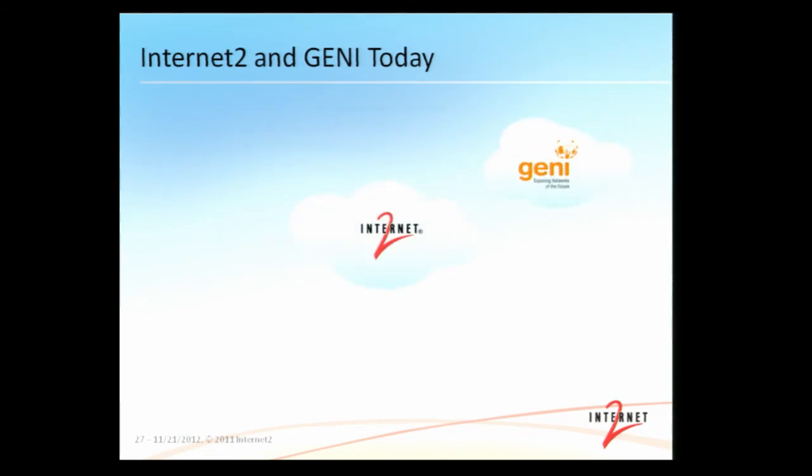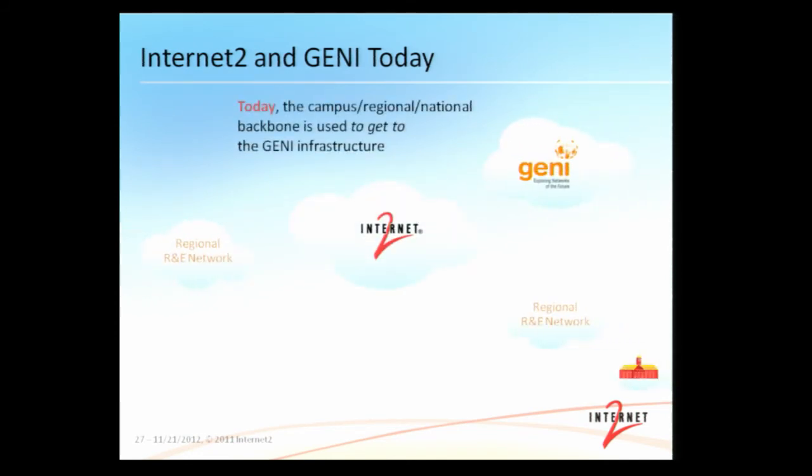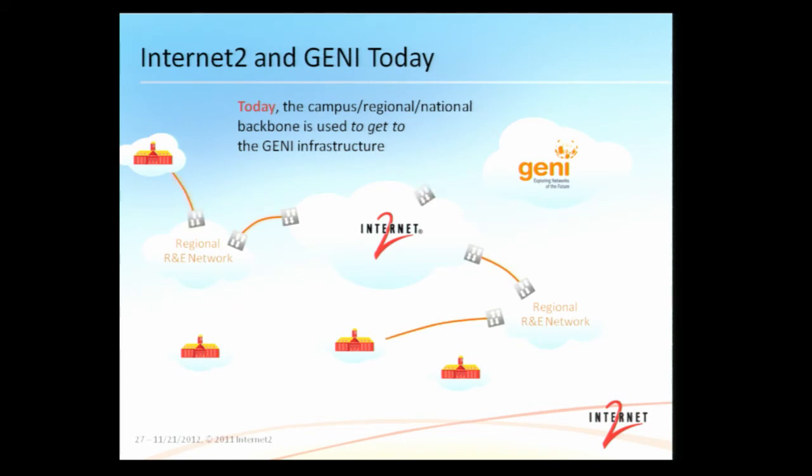So I'm almost done here. A tiny bit about Genie. Today, I talked earlier about that Genie mesoscale infrastructure. In the US, folks are using the academic networking environment to provision layer 2 VLANs through the campus, the regional, and Internet 2 to get to the Genie infrastructure.